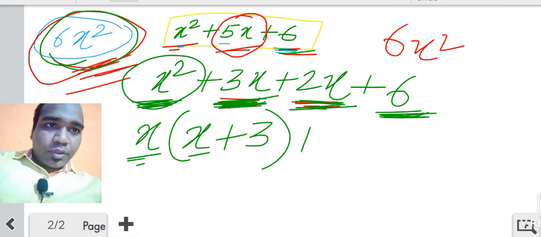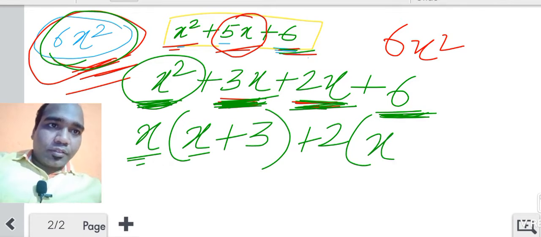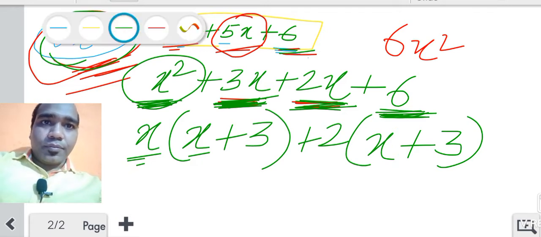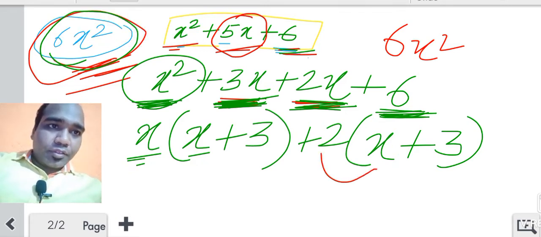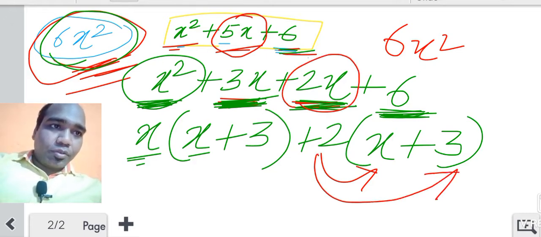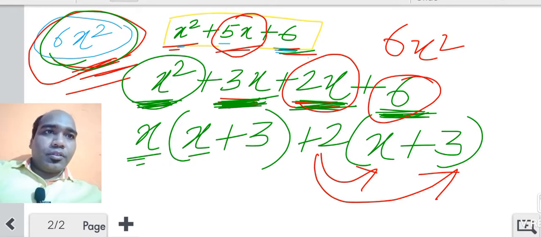So what can we take common? Plus 2 we can take common. So 2 into x gives 2x, and 2 into plus 3 gives plus 6. If we multiply 2 into x, we get 2x, and 2 into 3, we get plus 6. Got it?